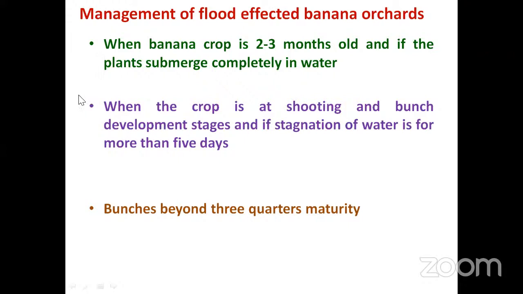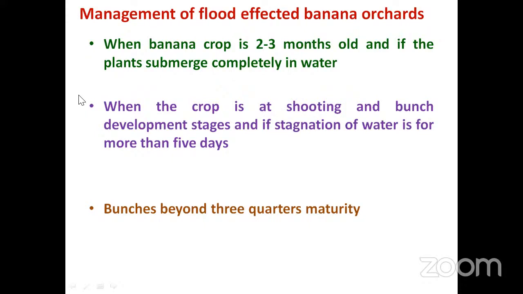And when the crop is at shooting and bunch development stages, and the stagnation of water is for more than 5 days, foliar sprays should be given with potassium nitrate at the rate of 5 grams per liter, along with sticking agents, at an interval of 8 to 10 days. That is when the crop is at shooting or bunch development stage.